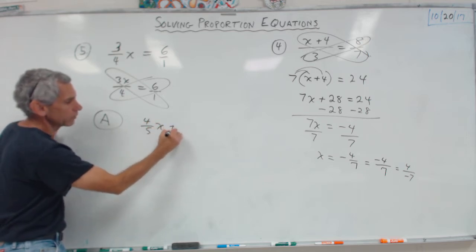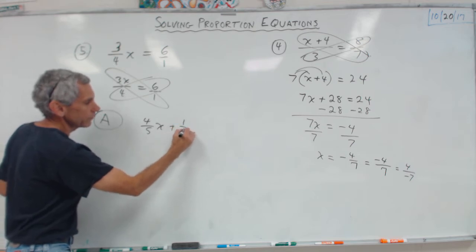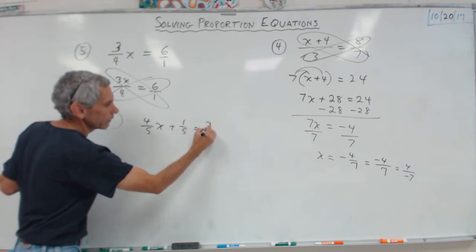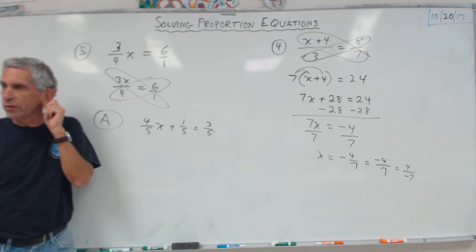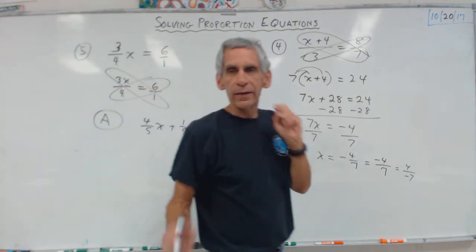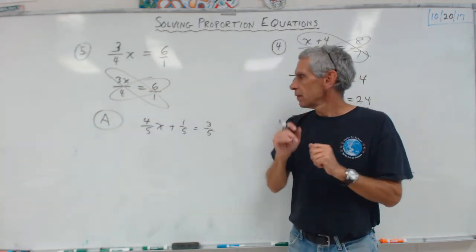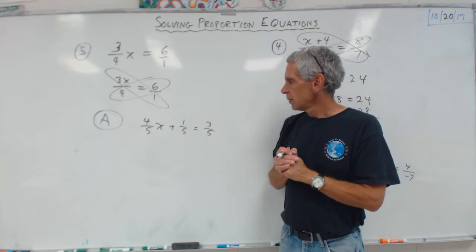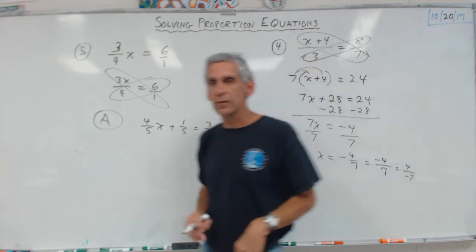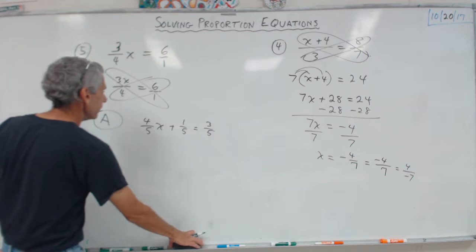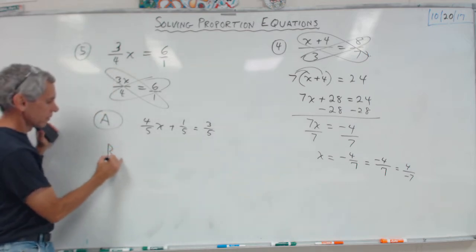4/5 x plus 1/5 equals 3/5. What method would you use? Tell me your plan. Yes, James. What you do is you'd multiply everything on the top by 5, and then you'd cross it all up. And then you do 4x plus 1 equals 3. Yes, okay. And then I solve it. Good. All right.